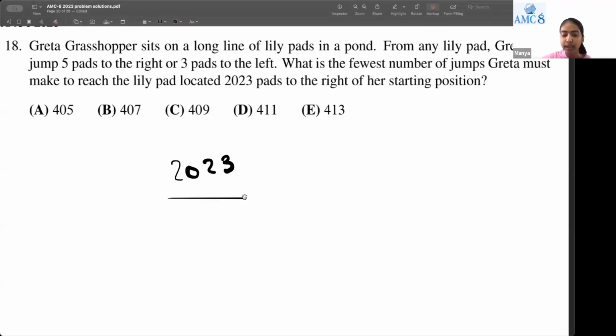But here, if we add something to this number, that must be the closest number that is divisible by 3 and divisible by 5 as well.